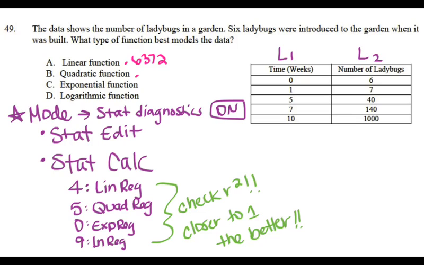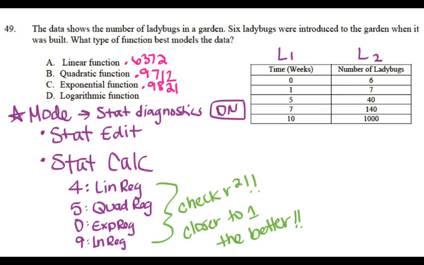My R squared is 0.9712. Stat, Calc, Exponential, which is 0. Go to Calculate. My R squared for this is 0.9821.